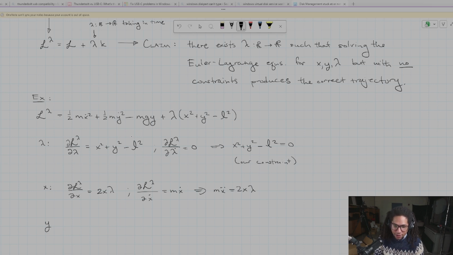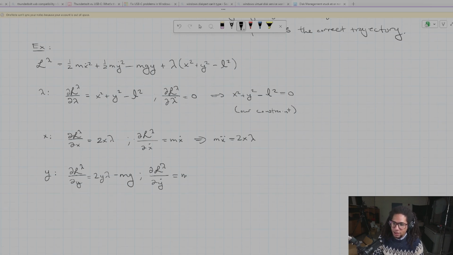Then for y, we get dL lambda dy is equal to 2y lambda minus mg. Meanwhile, dL lambda dy dot is equal to m y dot. And that implies that m y double dot is equal to 2y lambda minus mg.